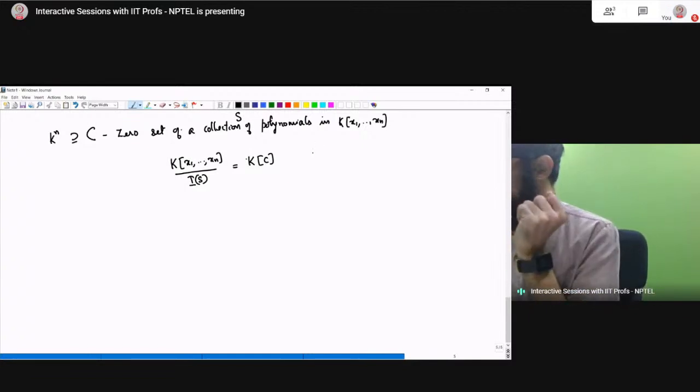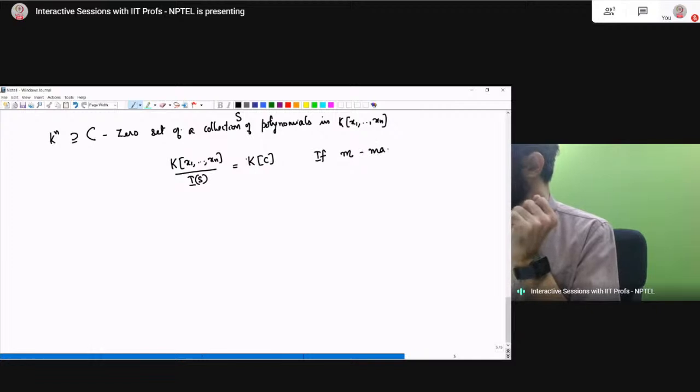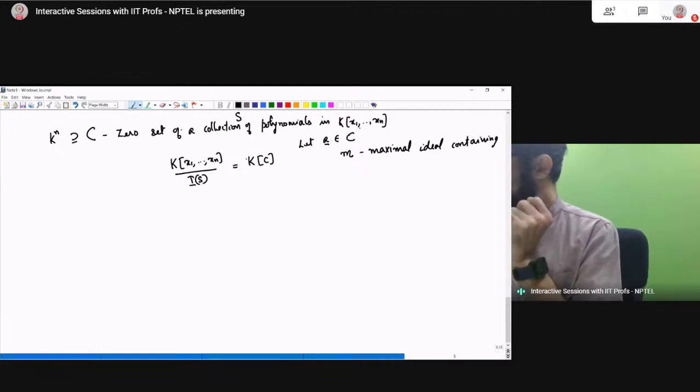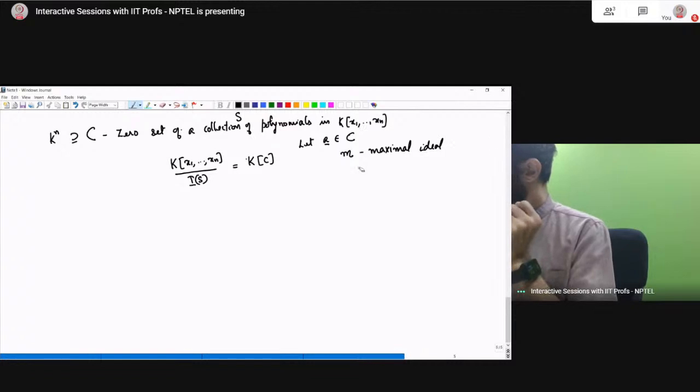Now, let A be a point in C, on the curve. Let M be the maximal ideal generated by x1 minus a1, up to xn minus an.